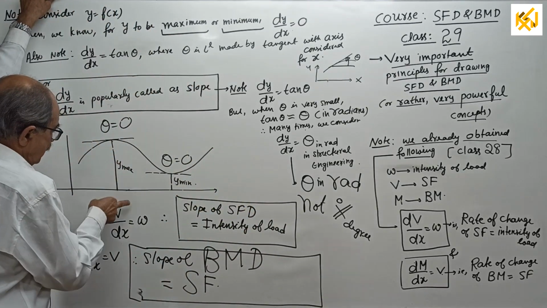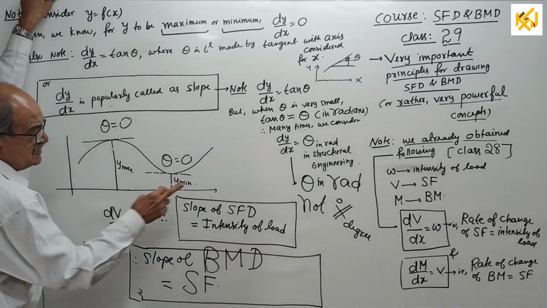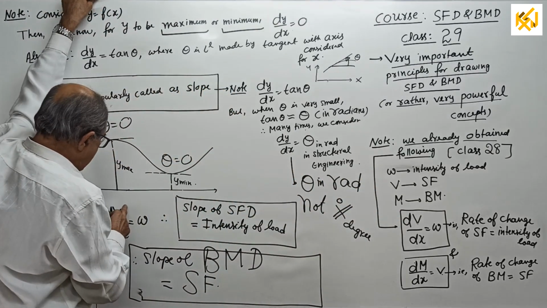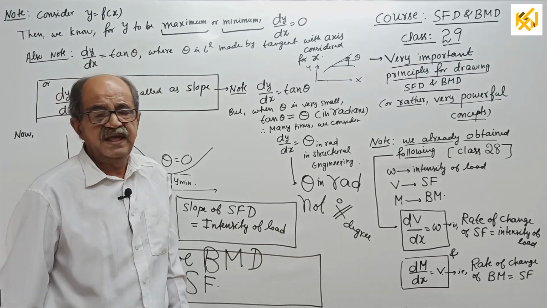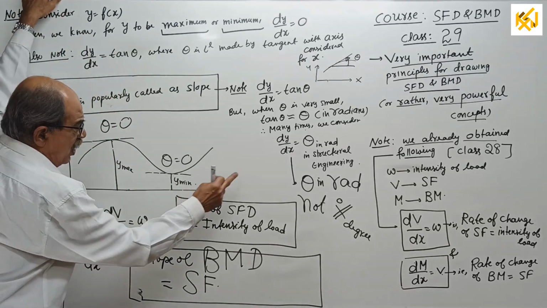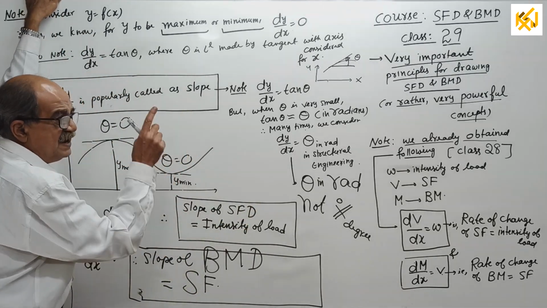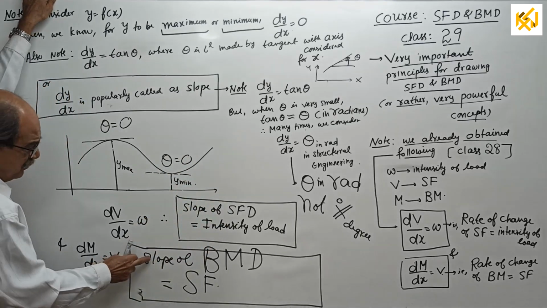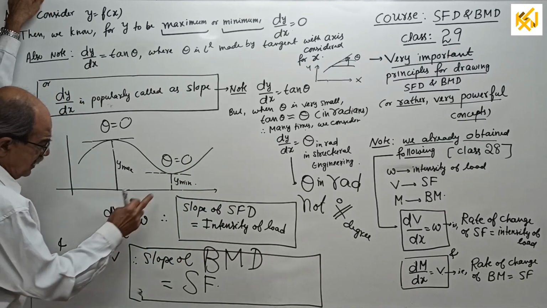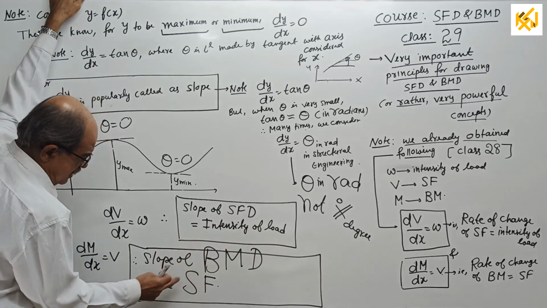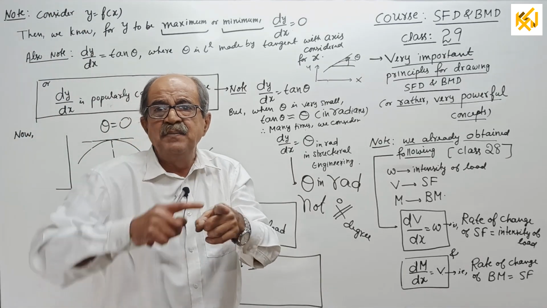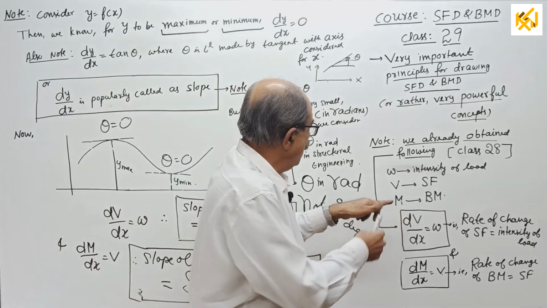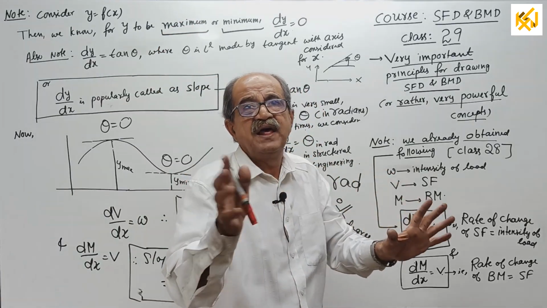See, dv by dx is w. dv by dx is the rate of change of shear force. That is the slope of the SFD. So, slope of the shearing force diagram is intensity of load. Same way, dm by dx equal to V. Slope of the bending moment diagram equal to shear force. Slope of the shear force diagram, the previous one. See, you always start in order.